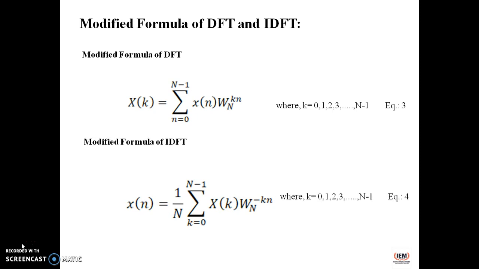As you know, we subdivided the DFT and IDFT formula into magnitude and phase. Here I first discuss the phase part, and using some formulas we write the modified formula of DFT and IDFT.